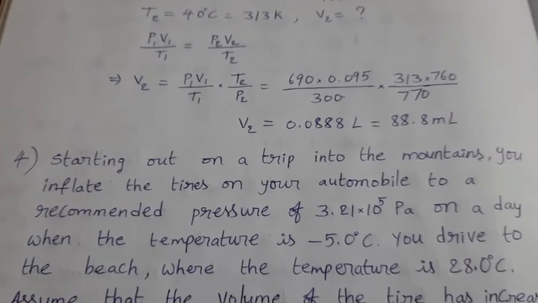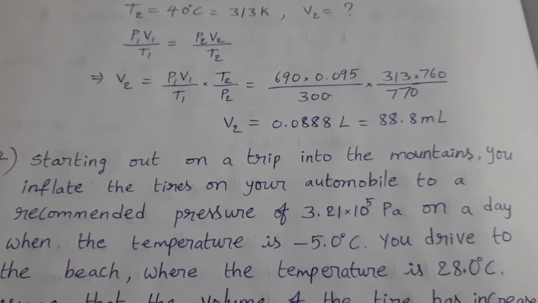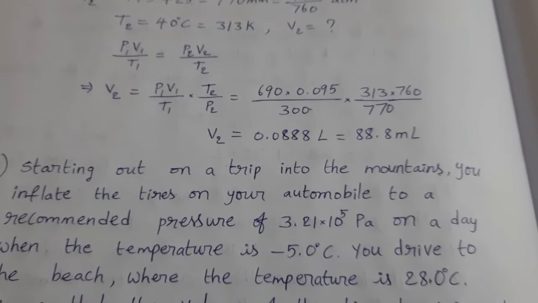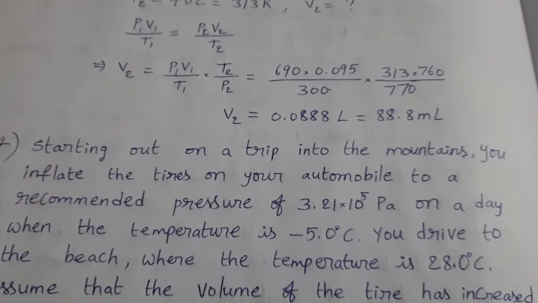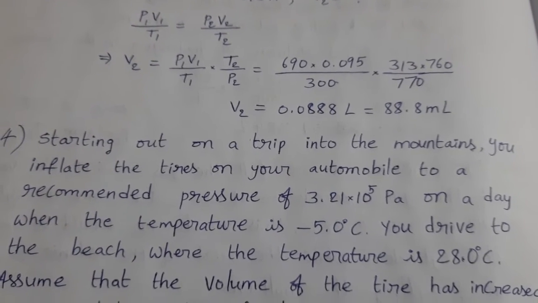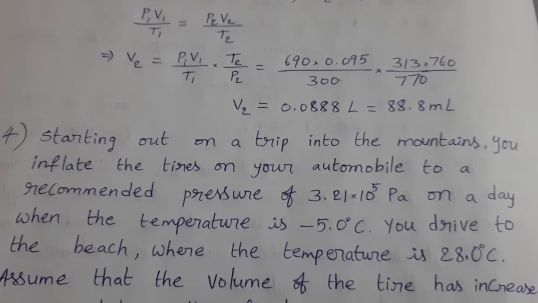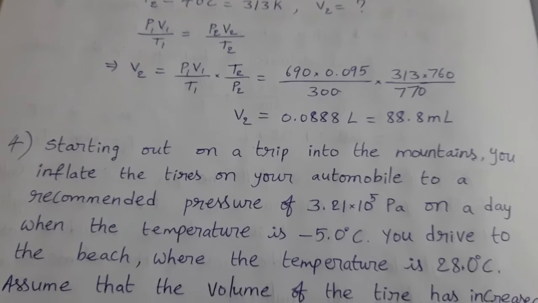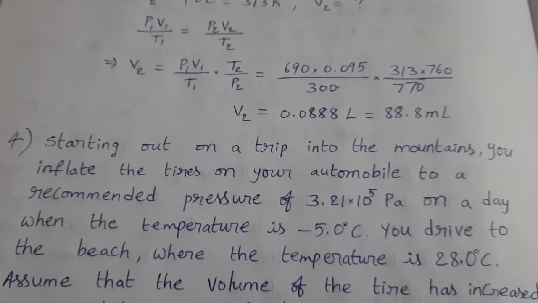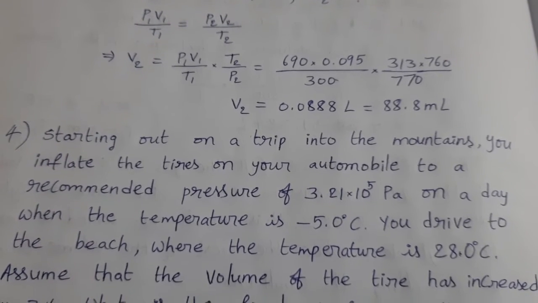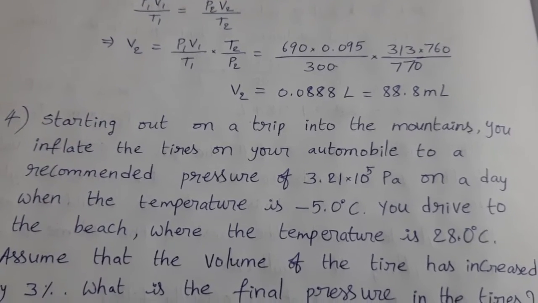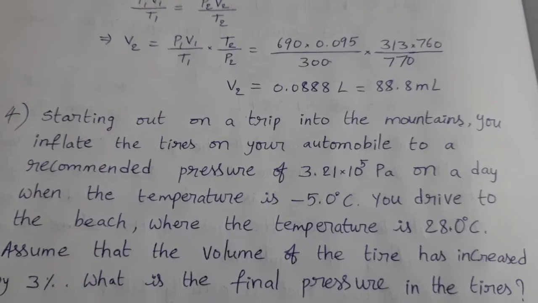Question. Starting out on a trip into the mountains, you inflate the tires on your automobile to a recommended pressure of 3.21 into 10 power 5 pascals. On a day when the temperature is -5 degrees Celsius, you drive to the beach where the temperature is 28 degrees Celsius.